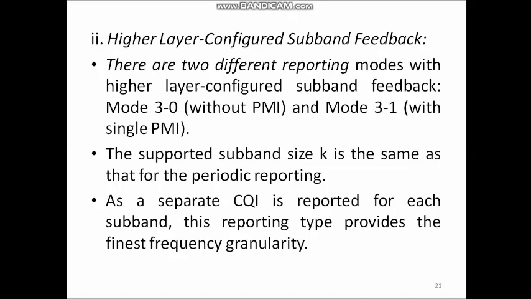Already for periodic reporting we have seen what the different k values, that is subband sizes, are. The same numbers we use in aperiodic reporting also. As a separate CQI is reported for each subband, this reporting type provides the finest frequency granularity. But the problem is it has the highest overhead because of this separate CQI.